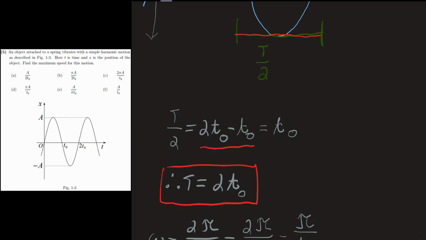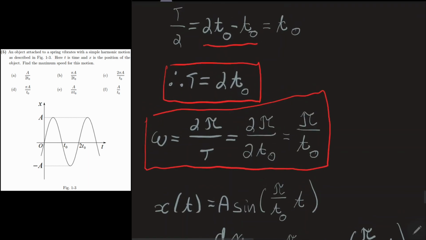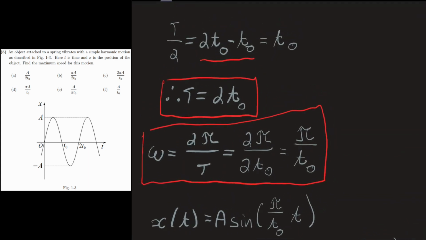Yeah, and so then we can use the equation for angular frequency, and we find that it equals pi divided by t sub 0. And so with that, we can actually write a function for the position of our object.